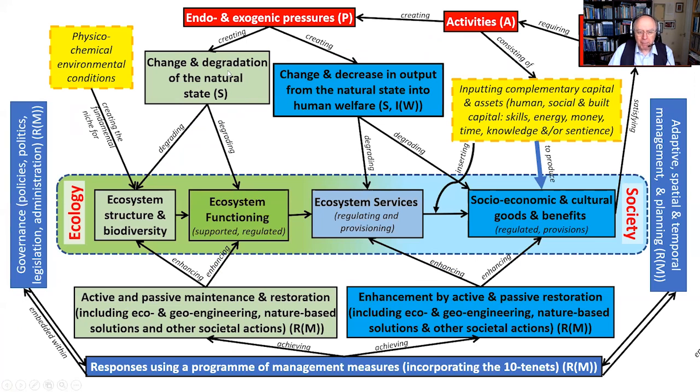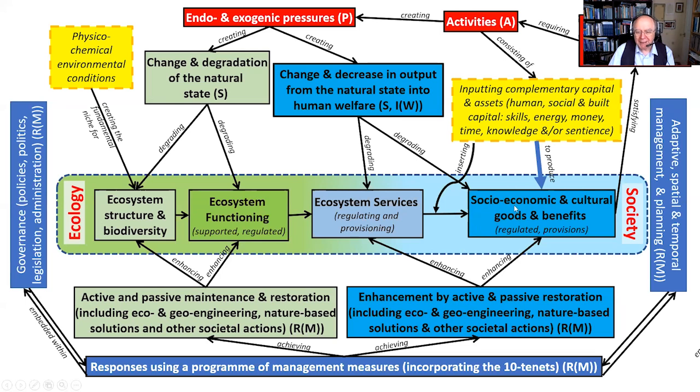And if we keep putting in those pressures, we will affect this underlying central spine here that goes from the ecology through ecosystem structure and biodiversity, through ecosystem functioning, to ecosystem services, to societal goods and benefits. And in a lot of papers, you'll see that this change stops at ecosystem services, but for a while now, we've been splitting ecosystem services from societal goods and benefits.